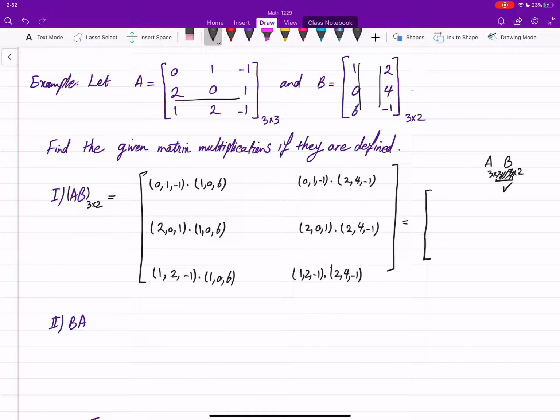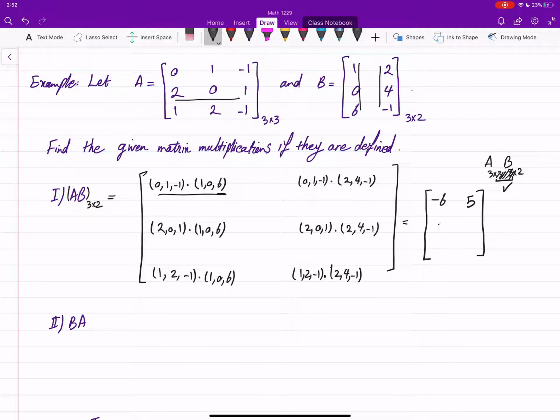The final matrix, the first one. The dot product of these two. 0 times 1 is 0, 1 times 0 is 0, and -1 times 6 is -6. 0 times 2 is 0, 1 times 4 is 4, -1 times -1 is 1, so add those ones, this is 5.